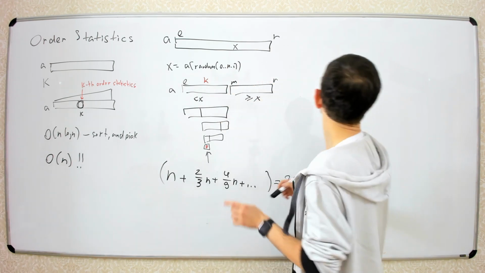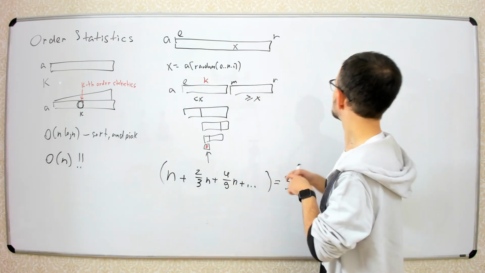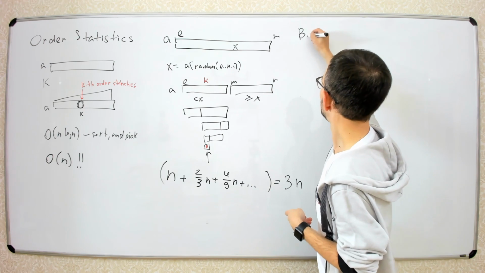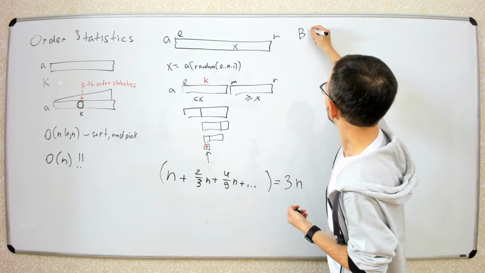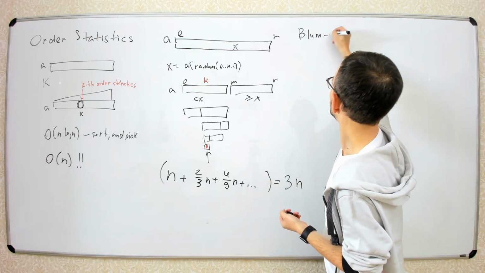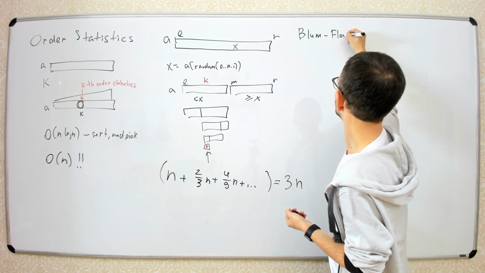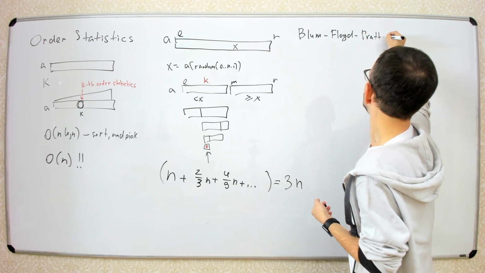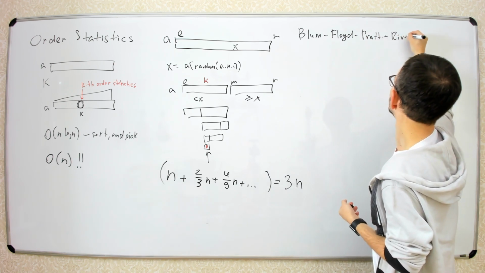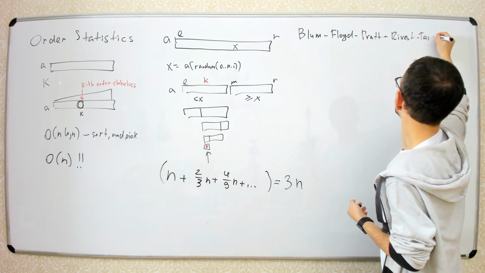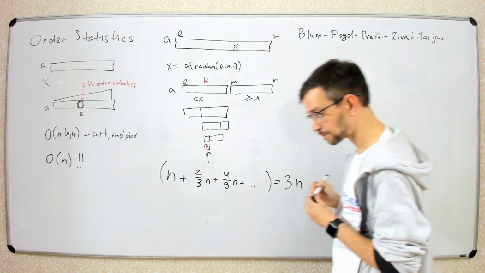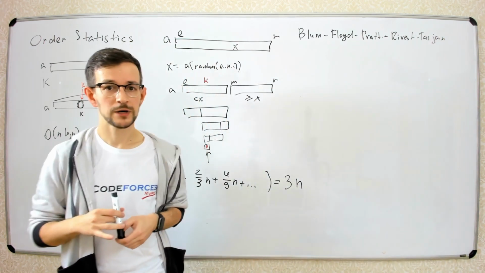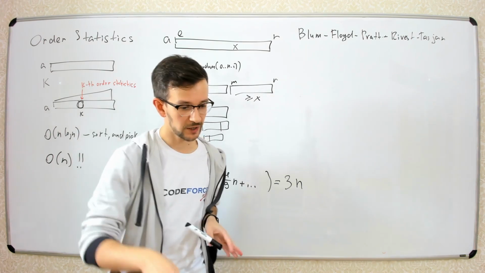Cool. This is the algorithm of 5 people. It's of Blum, Floyd, Pratt, Rivest, and Tarjan. So we need 5 people to invent this algorithm.